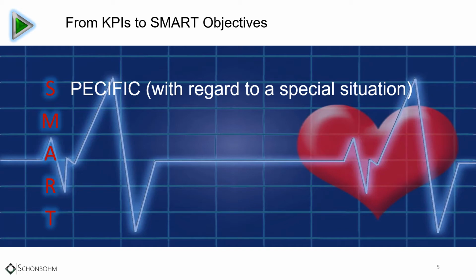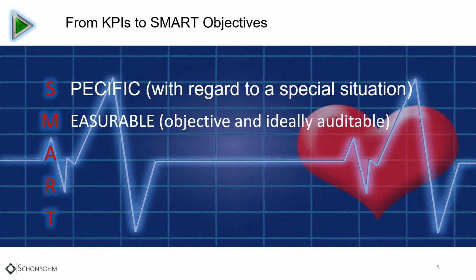Specific means with regard to a special situation. What is the performance you're looking for? What is the situation, the business, the life situation you're in? So your KPI has to be very, very specific for your individual problem.